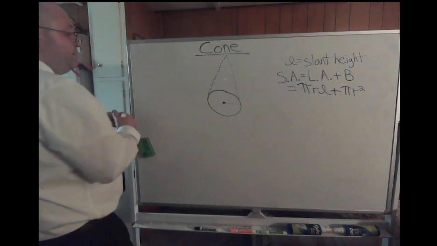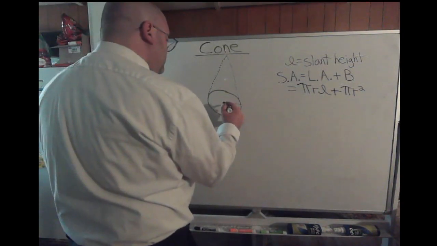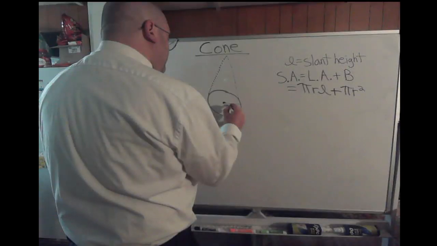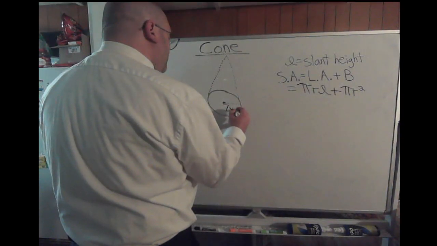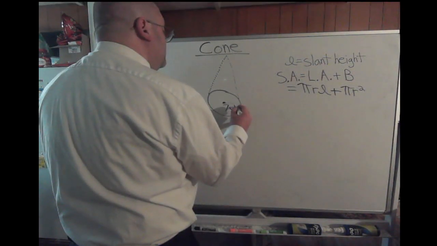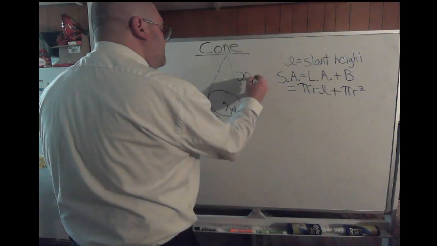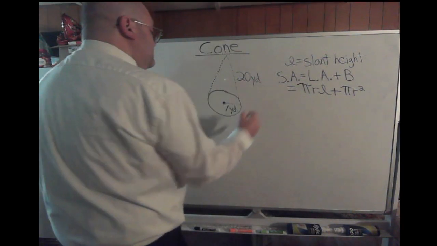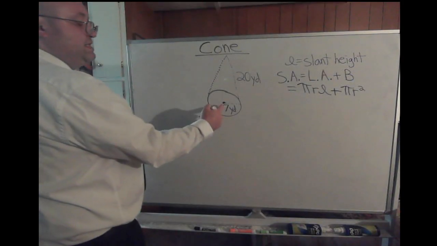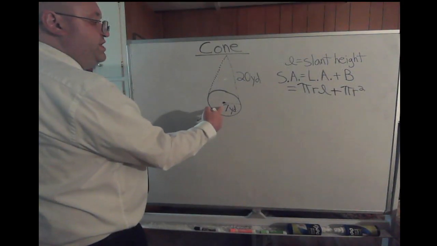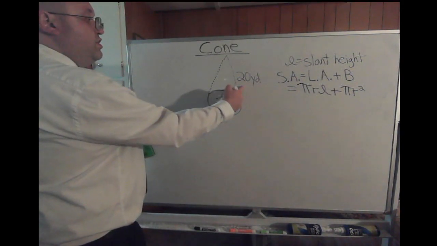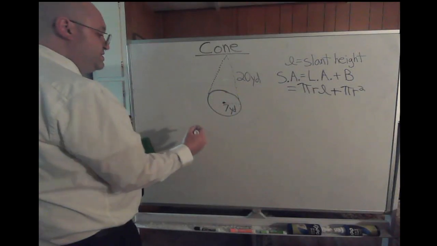Let's say we have a radius of 7 yards. We have a slant height of 20 yards.